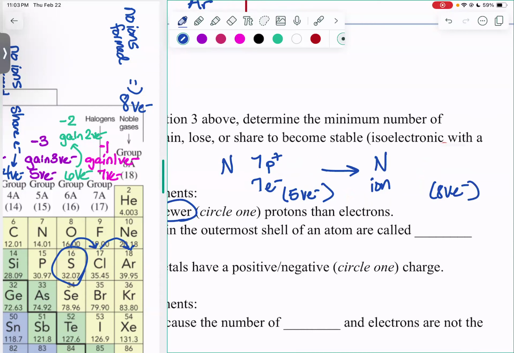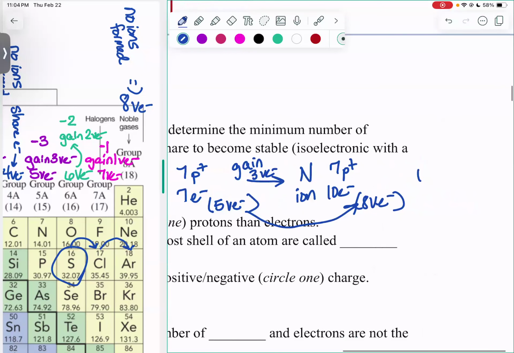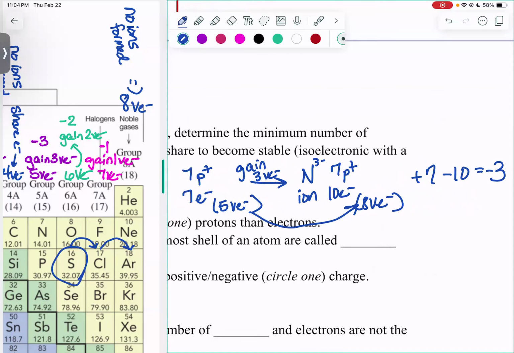So how are we going to get from 5 to 8? We are going to gain 3 valence electrons. Easier to gain 3 than to lose 5. So now I go from having 7 protons to having 10 electrons. My total is +7 and -10, which gives me -3. So this is N3-, the ion.